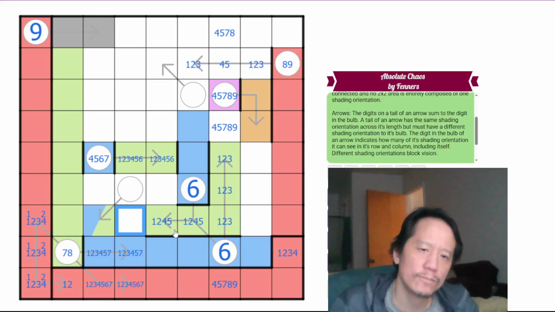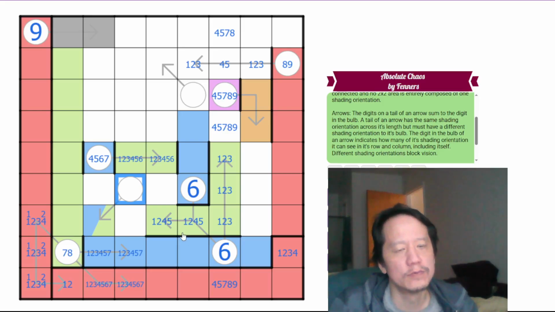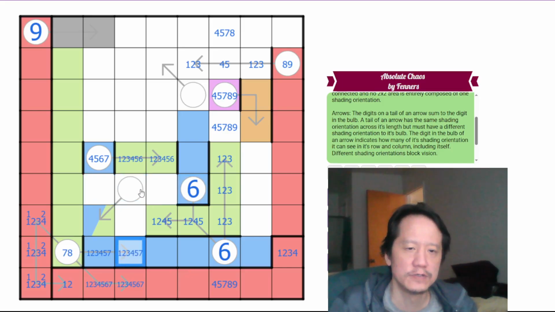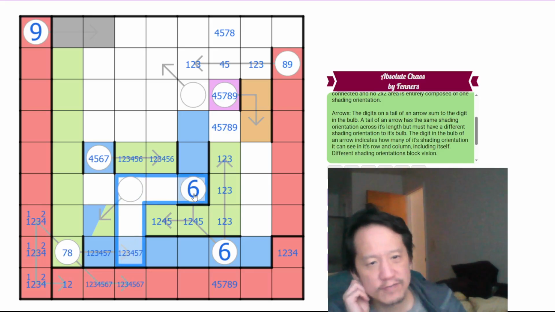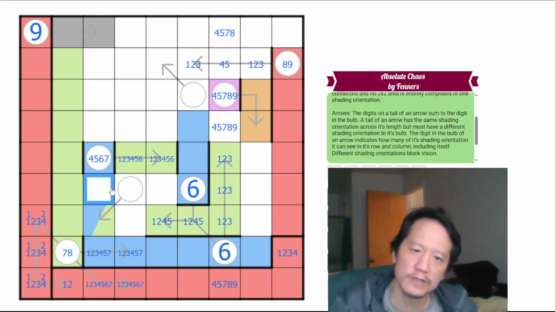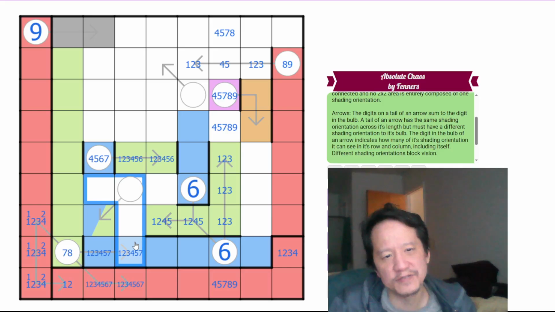Can this be blue? No, because if this were blue, it sees 1, 2, 3, 4, 5, 6 at most. I guess it could be 5, technically. Oh, wait, no. If this is blue, this has to be blue, right? I guess it could be this way, and that's 4? Maybe?